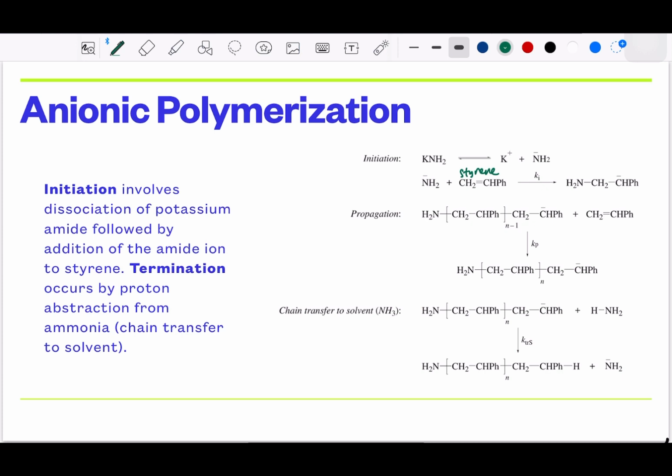Just a side note, styrene works both ways. It works in cationic and also in anionic polymerization, because it has the benzene ring, so we can have shifted electrons and make it more positive or negative charge.